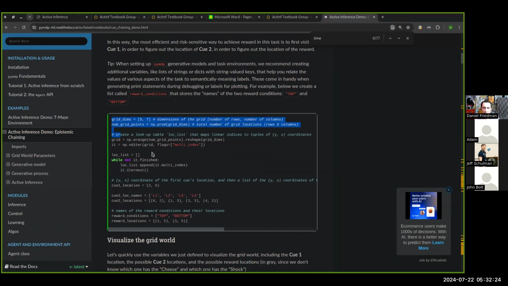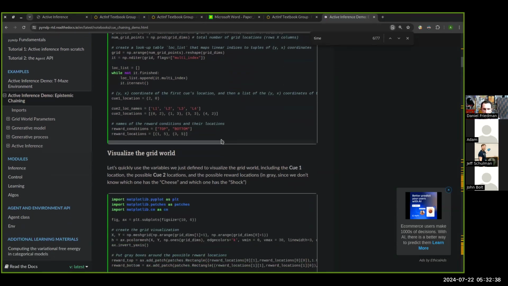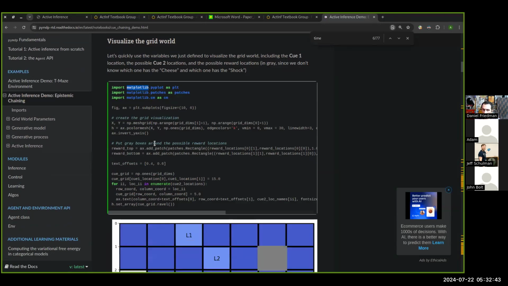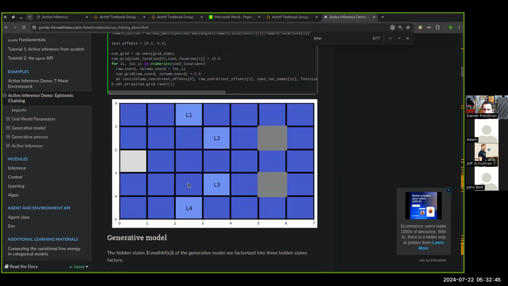So this is like declaring the generative process. And it's this grid world where there are certain cells that have rewards, or it could be just called food. And then there's some that have cues, which are like signals. Here, they use matplotlib to visualize the grid.